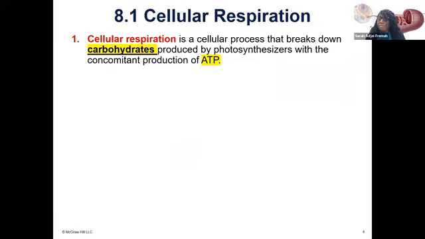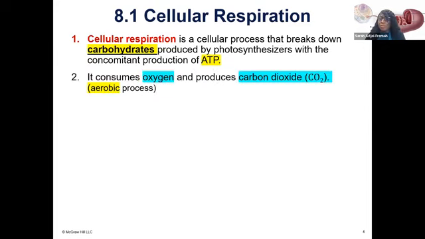Through the process of cellular respiration, which involves the breakdown of carbohydrates, we are able to convert these molecules into ATP, which is adenosine triphosphate. These carbohydrates are synthesized from photosynthetic organisms like plants, and we are able to use photosynthetic byproducts as reactant molecules in cellular respiration.